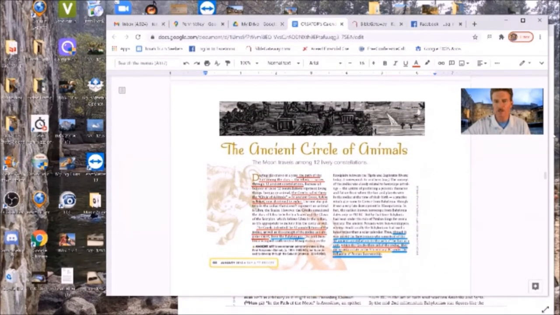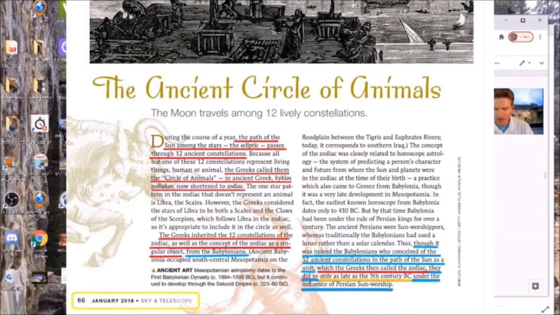the first page of this article, titled The Ancient Circle of Animals. And notice my annotation here. It says, the path of the sun through the stars, known as the ecliptic, passes through 12 ancient constellations. The Greeks called them the circle of animals, in ancient Greek, Kuklos Zodiakos, now shortened to zodiac.